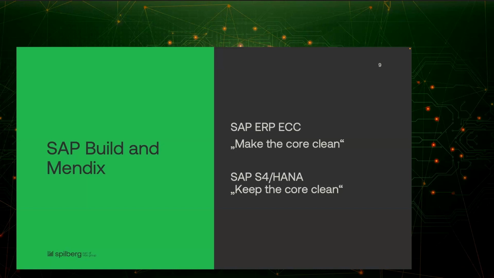There are also different strategies and different learnings and takeaways from the past. And SAP itself says, hey, you know what, when you have SAP ERP, try to make the core clean. When you're switching to S4HANA or getting started, keep it clean, don't touch it. It's really awesome how it works like that. But for your own processes and custom needs, you can just build on top of, for example, S4HANA. So say you have an invoicing process where you do something different before it triggers something in S4HANA.